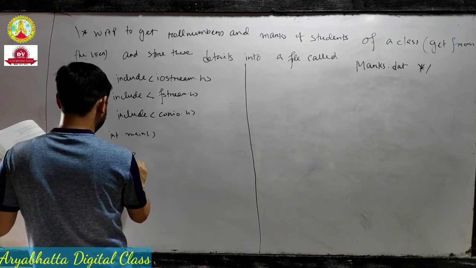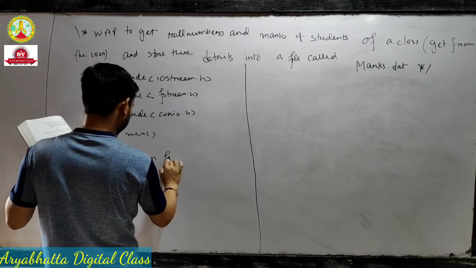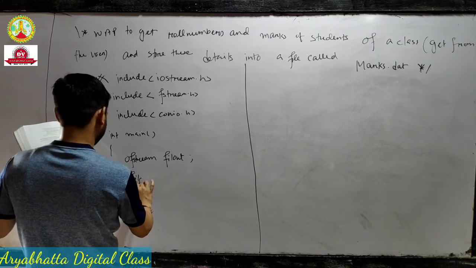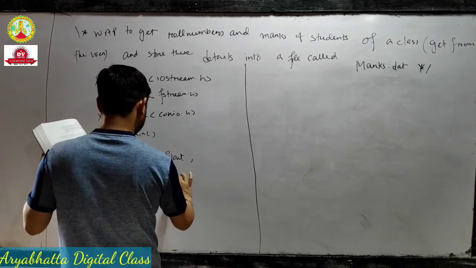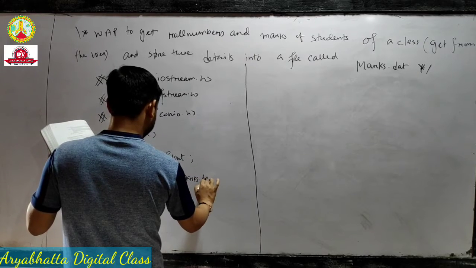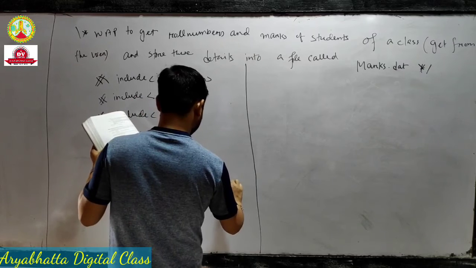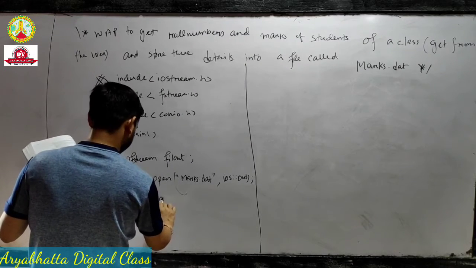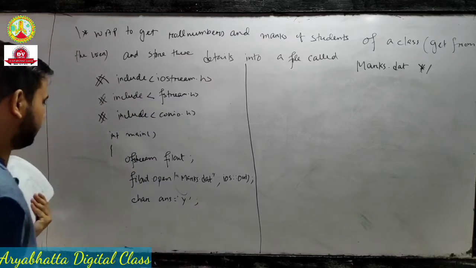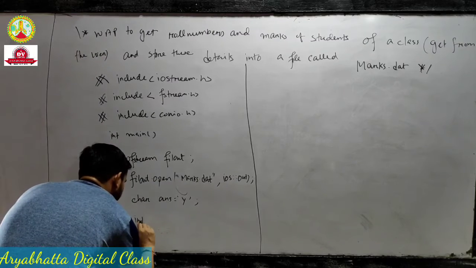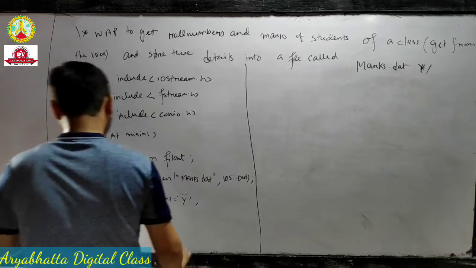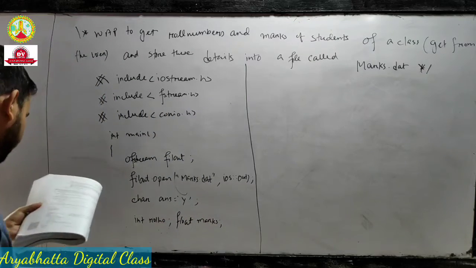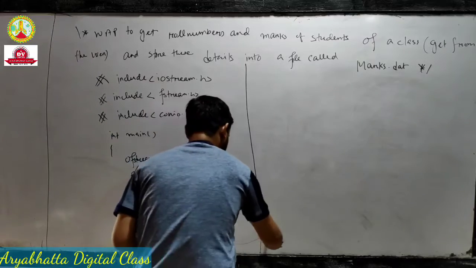First of all you write down, and after that I will explain. fileout.open("marks.dat", ios::out), right? A character ch, if it is yes then y, and the variables are int roll number, and marks will be under the data type float, right? Float.